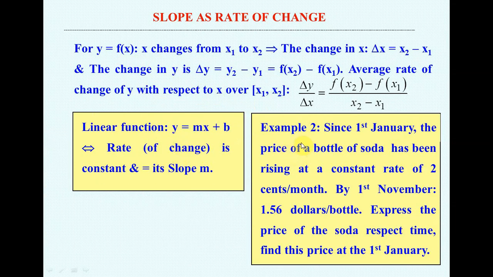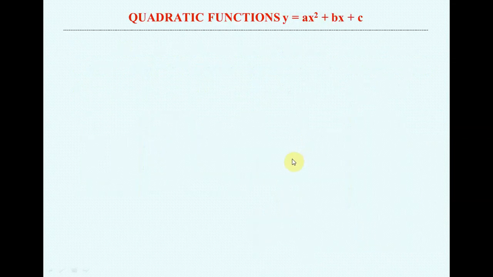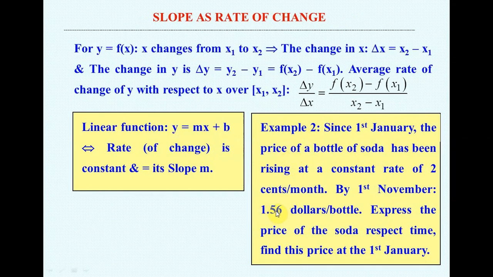Let's see another economic example. Since the 1st of January, the price of a bottle of soda has been rising at a constant rate of 2 cents per month. By 1st November, the price is $1.56. Express the price with respect to time. Since it is always a constant rate, by 1st November that means s equals 10.